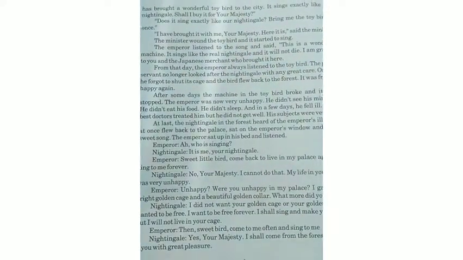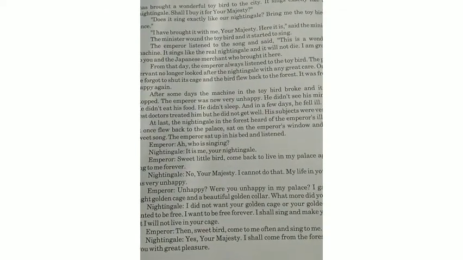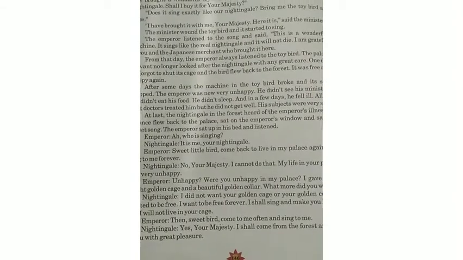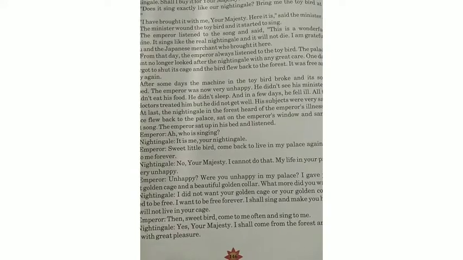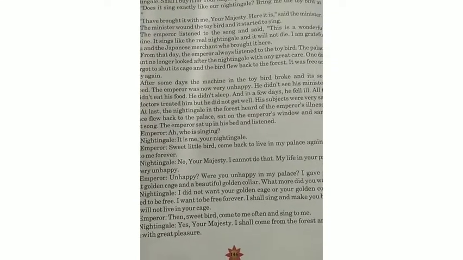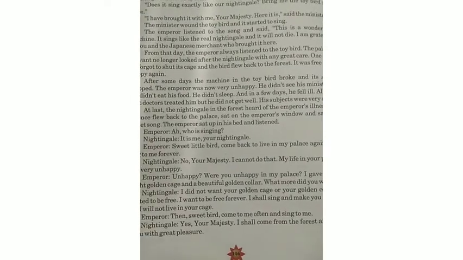One day the king also realized that if the bird dies, how will I live? So he asked his minister to plan something or give him some idea of how he would live then. So the minister said that there is a Japanese merchant in the city who has a wonderful toy bird, and it sings exactly like this nightingale. So shall I buy that for you?